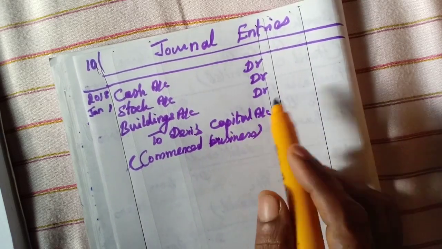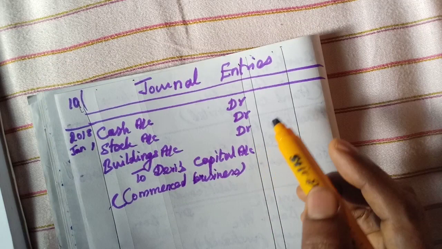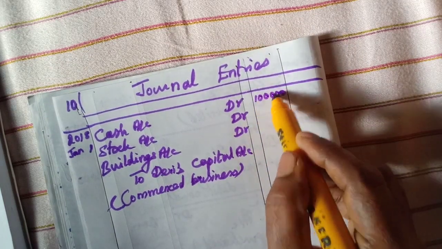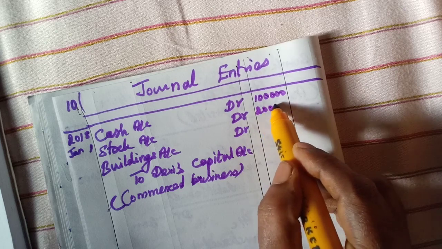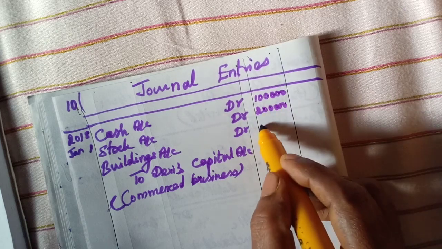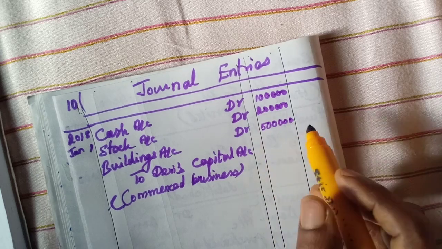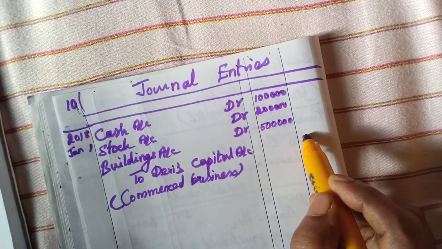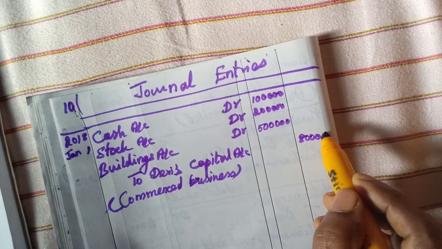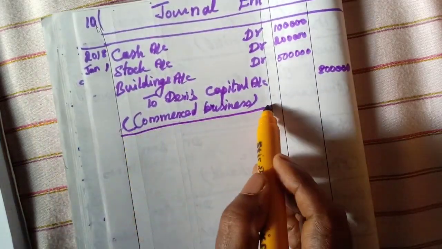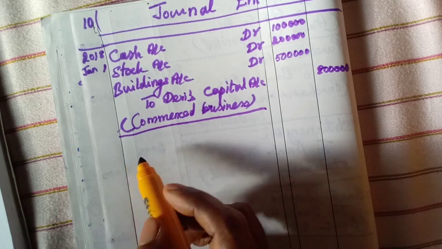Commenced business, here 1 lakh, 2 lakh, 5 lakh, together 8 lakh. Okay, one entry over, draw a line, then write only the date.